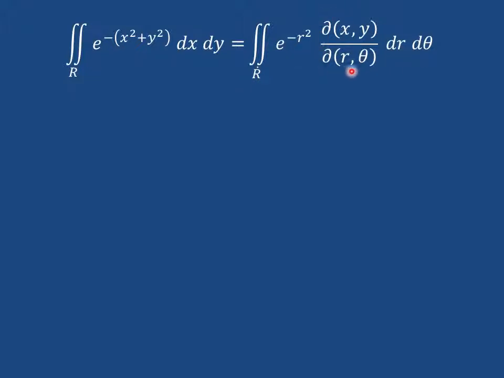But notice this little factor here. What in the world does that mean? We have to remember when we make a change of variables like this to introduce what's called a Jacobian.